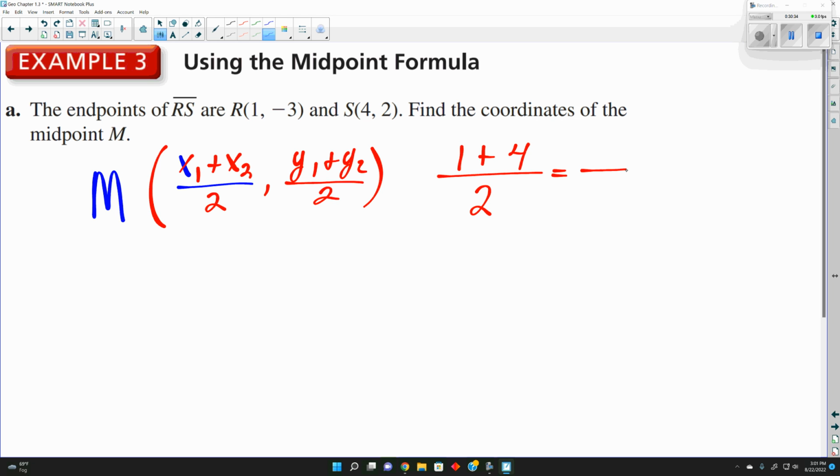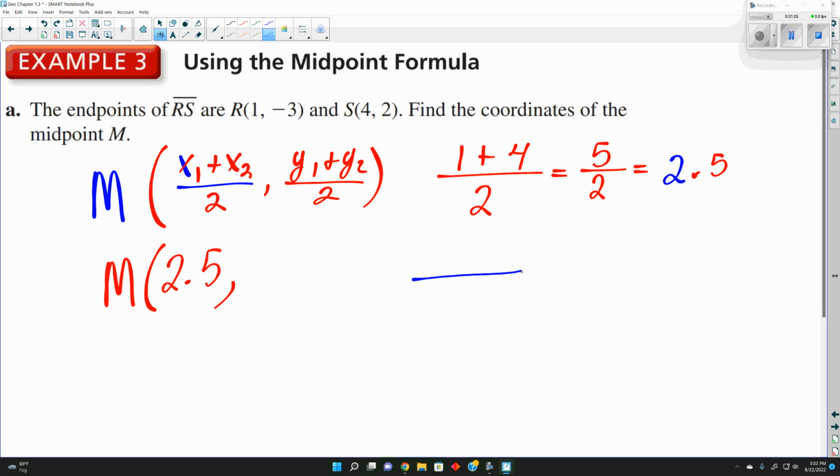The two x values are 1 and 4. 1 plus 4 is 5. 5 divided by 2 is 2.5. So the x value of the midpoint is 2.5.